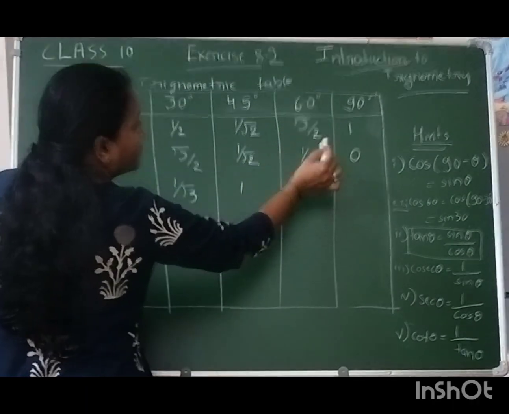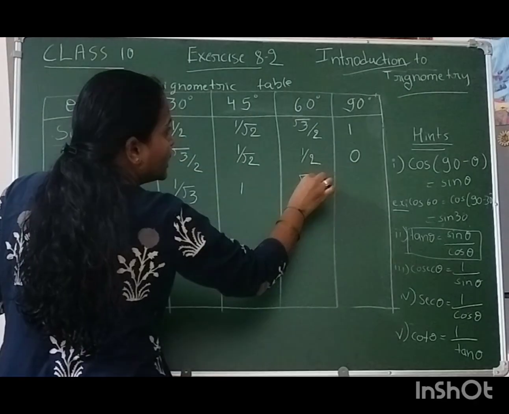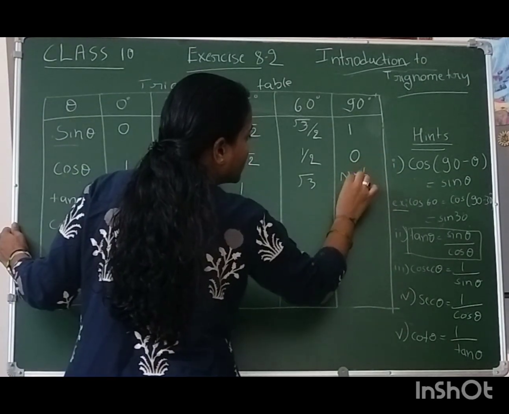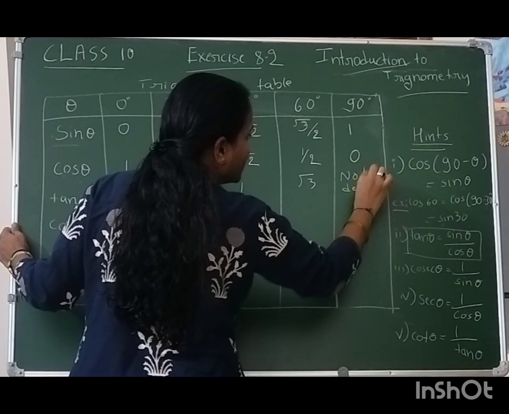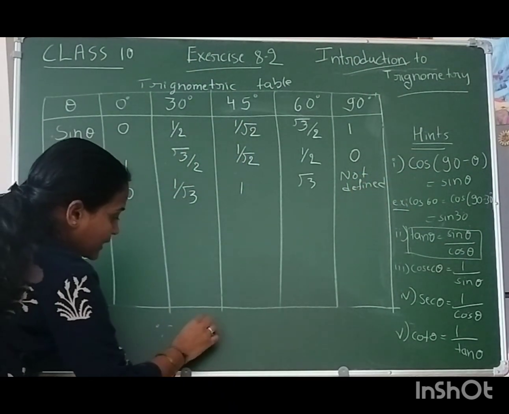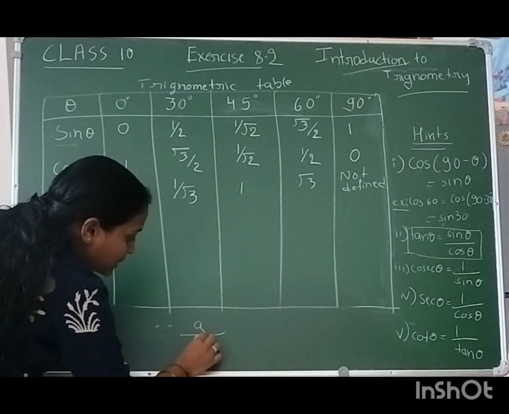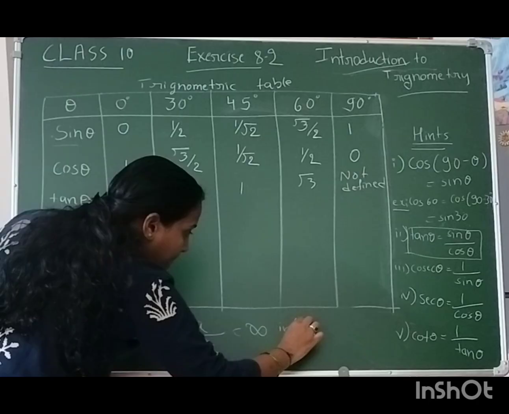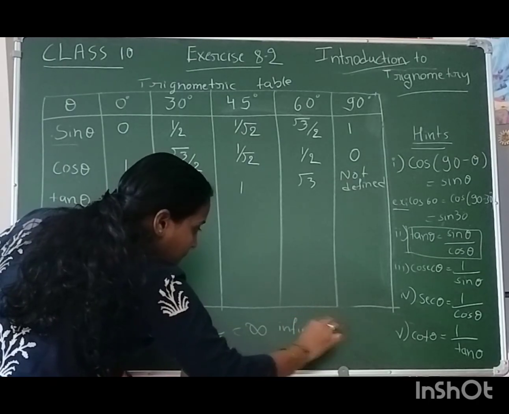And tan 60, root 3 by 2 divided by 1 by 2, will end up as root 3. Similarly, tan 90 is 1 by 0, that is not defined, because anything by 0 is infinity or not defined.